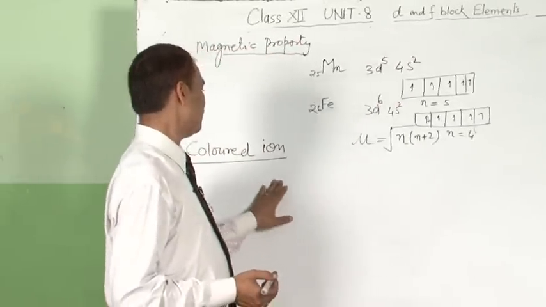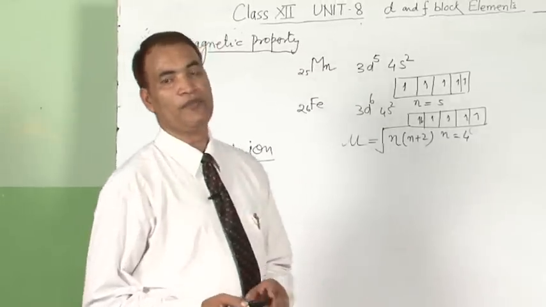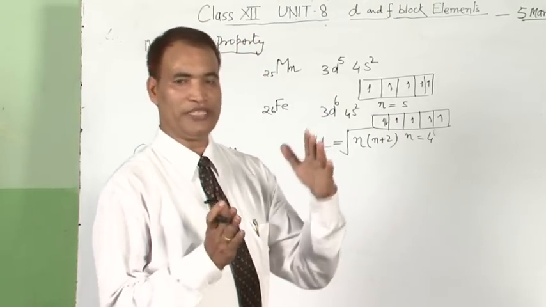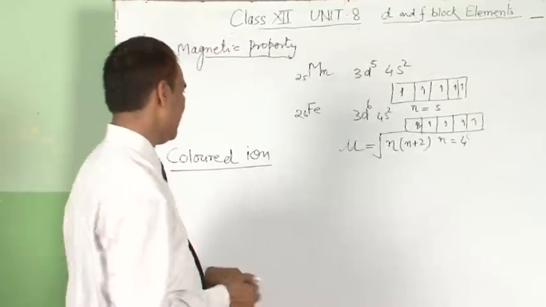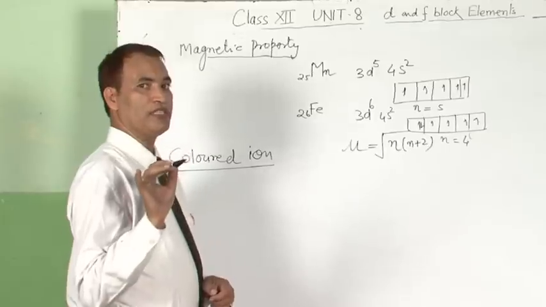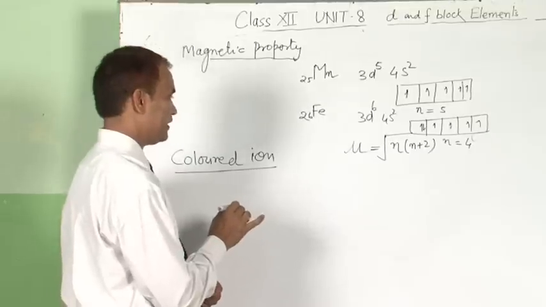This is due to dd transition and presence of unpaired electrons. If there is an unpaired electron, there will be transition between the two sets of d orbitals, and that is known as dd transition. So the answer will be due to the presence of unpaired electrons and dd transition.